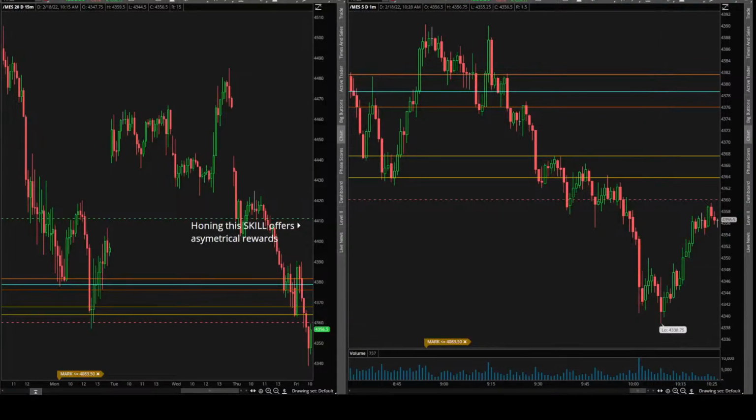Kind of need this 5 minute bar to push up a little bit more so we don't get too big of a wick on it. Not getting it just yet. We've got 1.5 minutes left on the 5 minute, and 1.5 minutes left on the 15 minute.